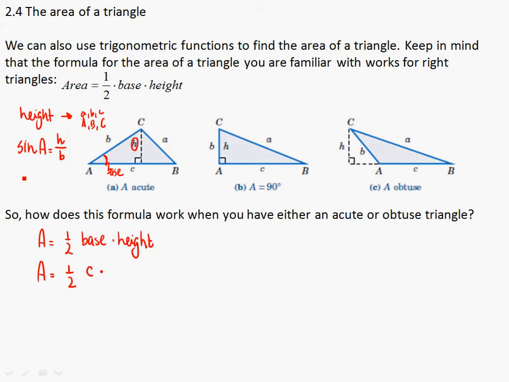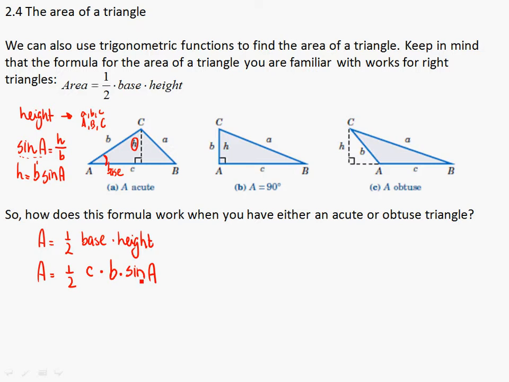That means that the height would be B times the sine of A. Are you okay with that? If I cross multiply here, putting this over 1, H, the height, equals B times sine of A. So instead of writing the height, you could write B times sine of A.